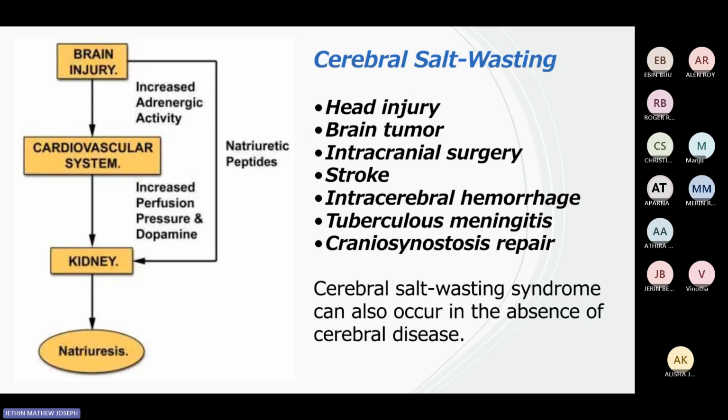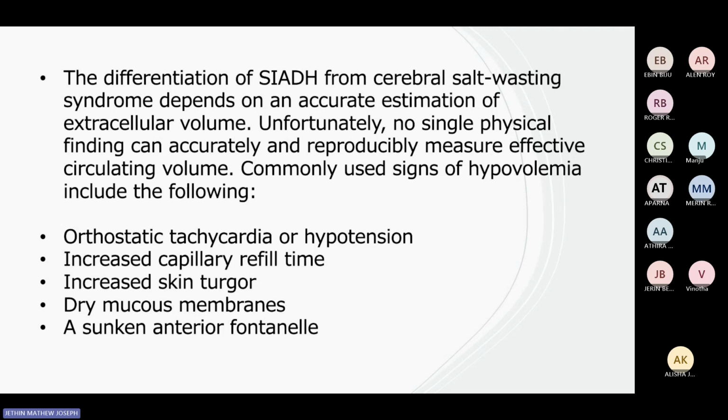Brain injury itself can also cause the release of natriuretic peptides like brain natriuretic peptide, and this will also cause natriuresis. This slide will be important when we talk about SIADH later. As of now, just remember that cerebral salt wasting occurs in hypovolemic patients. It's a volume contracted state.